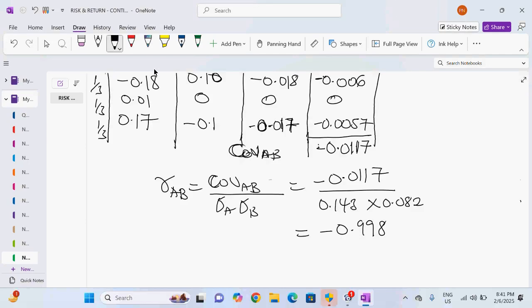So what is the interpretation of this? What is the interpretation of this negative value?